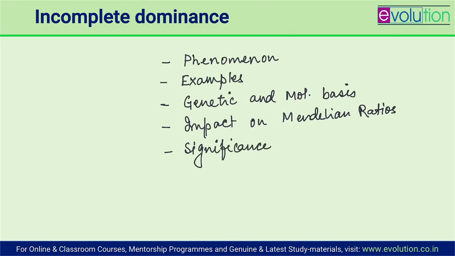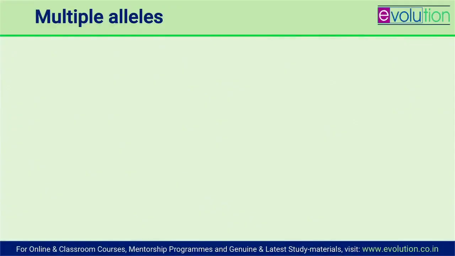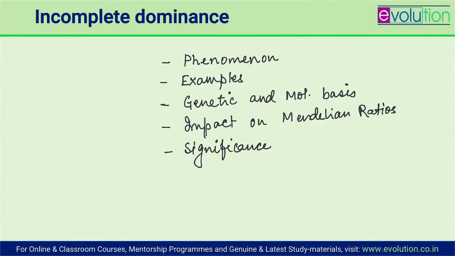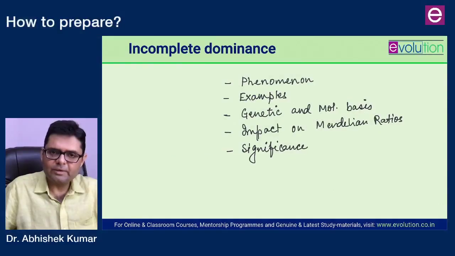It is exactly the same set of topics which you have to prepare for the next topic. The next topic, as you notice, is multiple allelism. In multiple allelism also, you have to mention the phenomenon, the examples, genetic and molecular basis, impact on Mendelian ratios, and significance, and you will be completely doing both these topics.